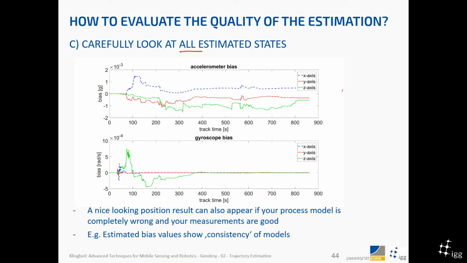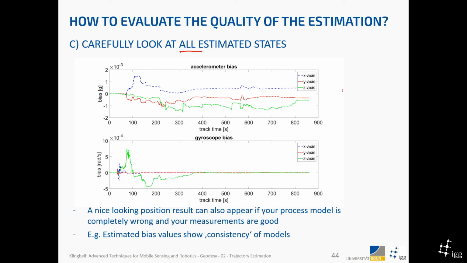of biases. I said before that in GPS IMU integration filters, we usually model the bias of the accelerometer and the gyroscope. We know that they are not changing very fast, so we know that they are more or less constant over time.